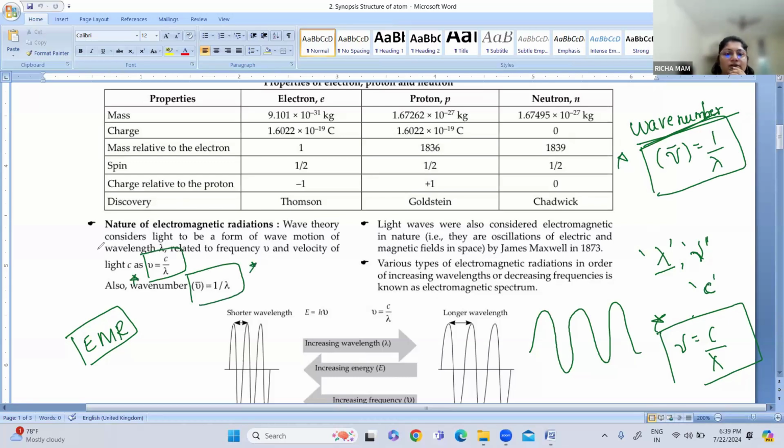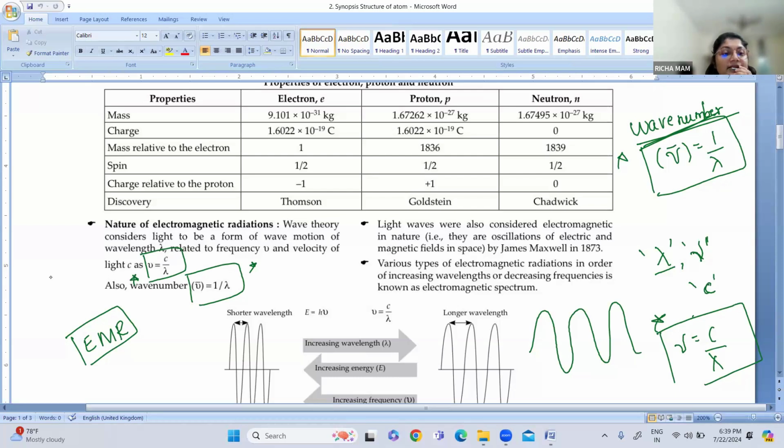Fine. So the light waves, as we know, light is traveling in the form of a wave. It is considered as electromagnetic in nature. Electromagnetic in nature means what? It consists of an electric and a magnetic field.